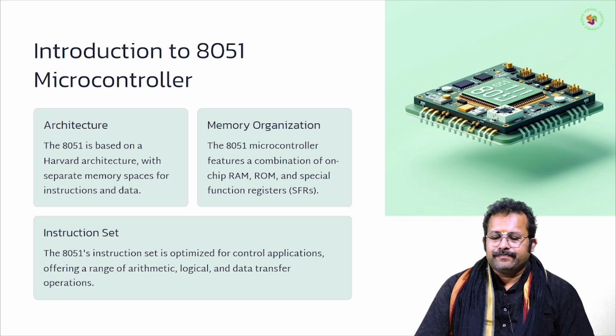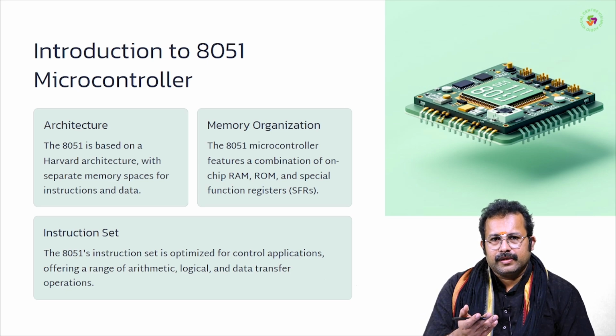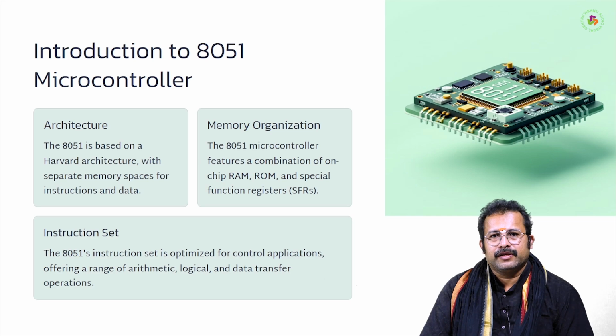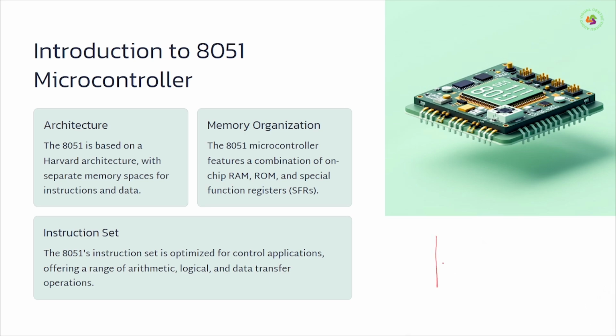That means we have a separate address bus for fetching instructions, and for fetching data we have a separate data bus, in the case of Harvard. Also, regarding the organization of memory on the chip, the 8051 has on-chip ROM, which we call program memory, and on-chip RAM, which we call data memory, and a special function registers memory, or SFR region.